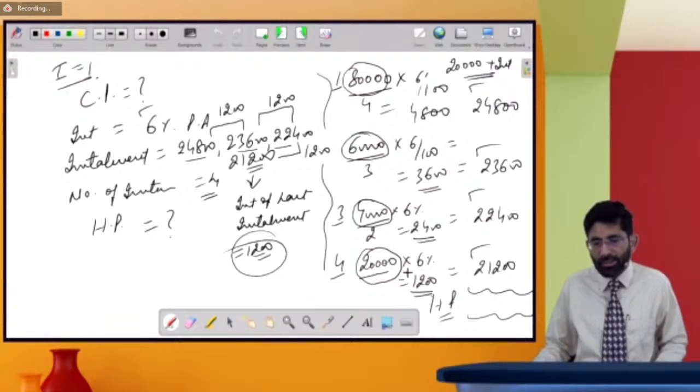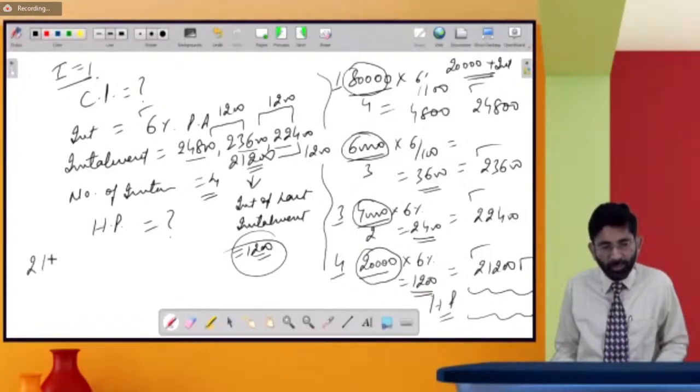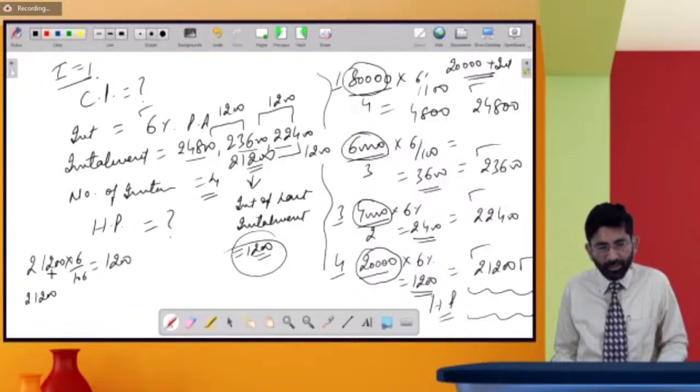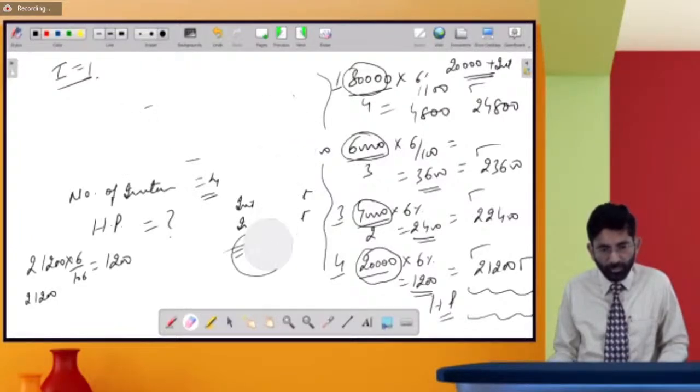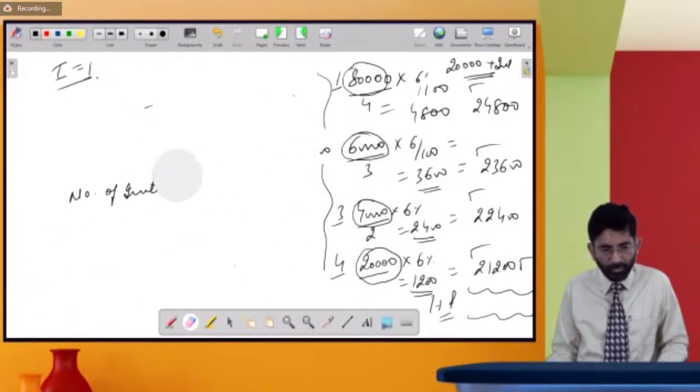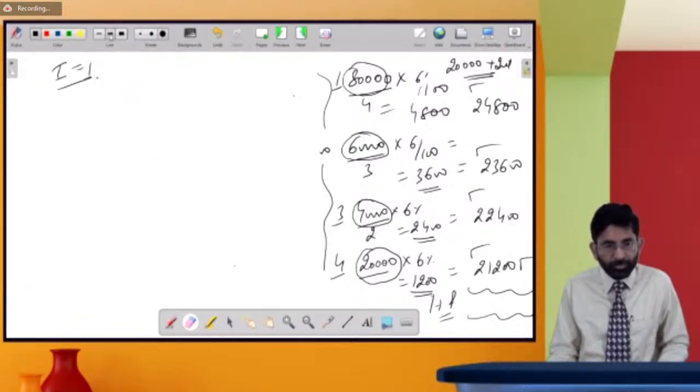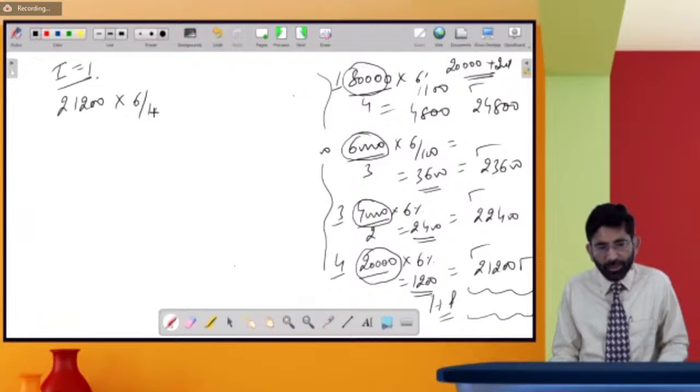Like in this case, interest is 1200 in this installment. This can be calculated by 21,200 into 6 by 106. It will be 1200. The interest of the previous installment will be 21,200 into 6 by 106, so last year's interest will be 1200.